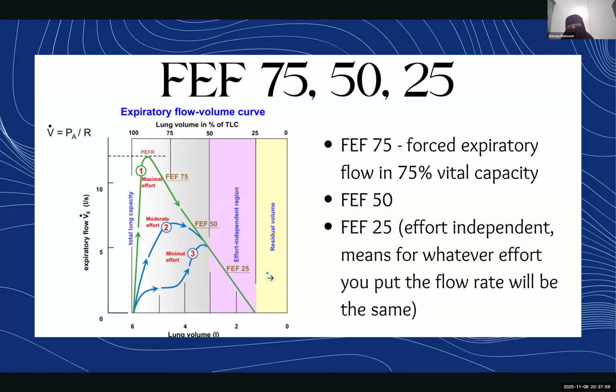For example, I start inhaling and then I exhale maximally, with all my force, but when 25% of what I can exhale is remaining, even if I put so much force, the flow rate or the amount of air that can come outside is the same.